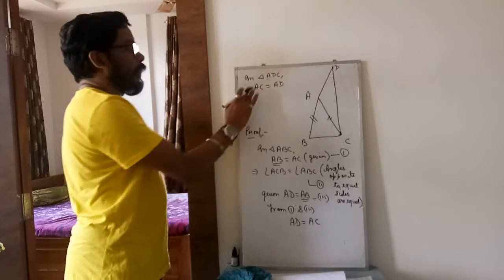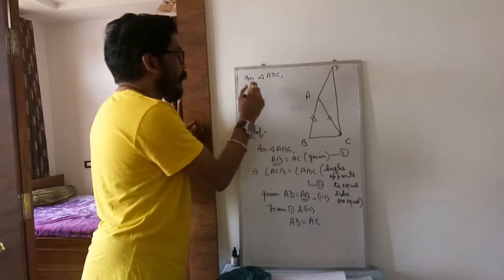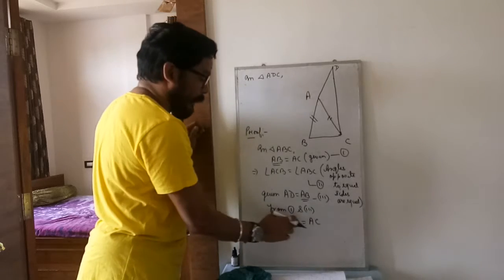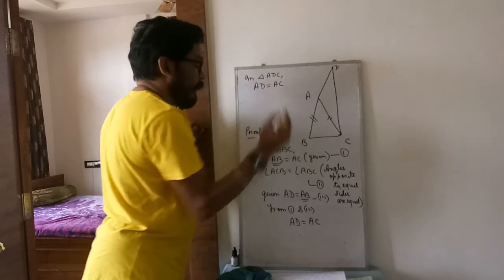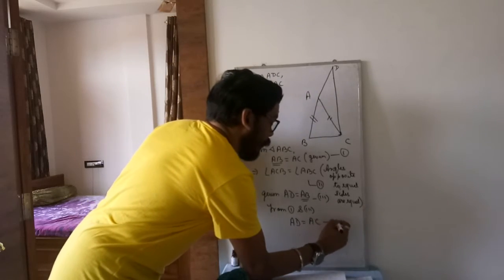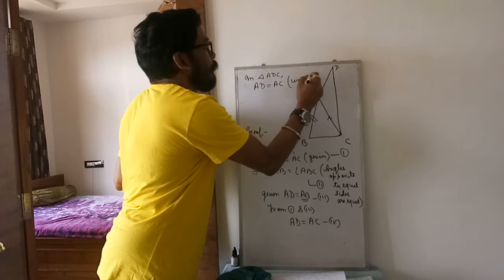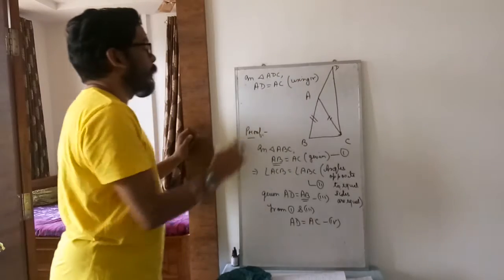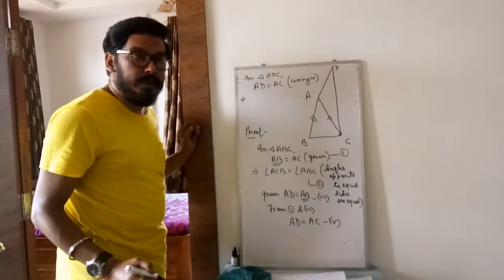Now you come to this upper triangle, in triangle ADC. What is given? AD equal to AC. You can give a number here, 4, and you can write here using 4. So when two sides are equal, their opposite angles are also equal.